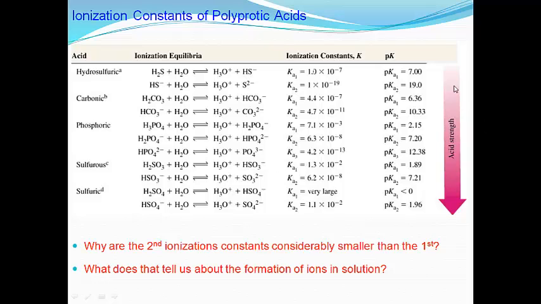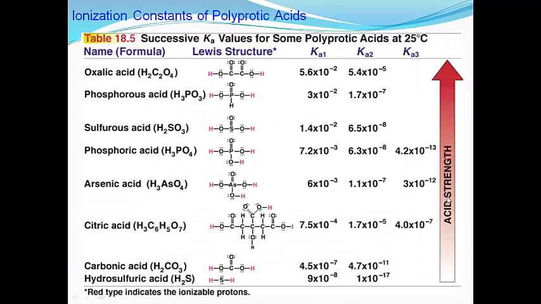In this table, the ionization constants are getting larger as we go down the table, which tells us that our acid strength is increasing. So from looking at the change in ionization constant, we could get some idea as to what is happening between the first ionization and the second ionization, based on the ionization constants that we see for each acid.